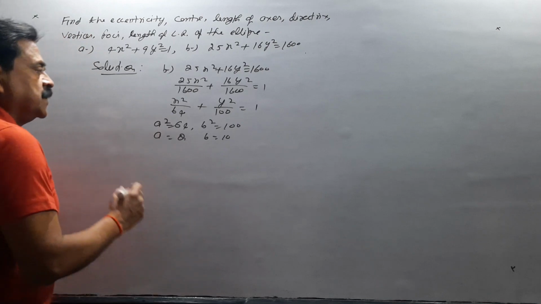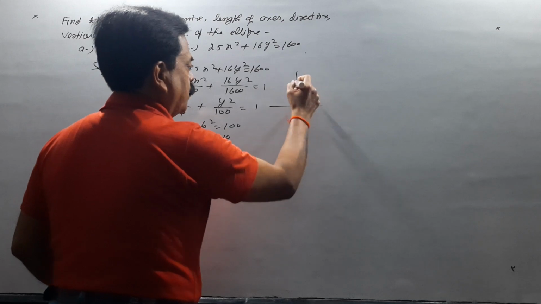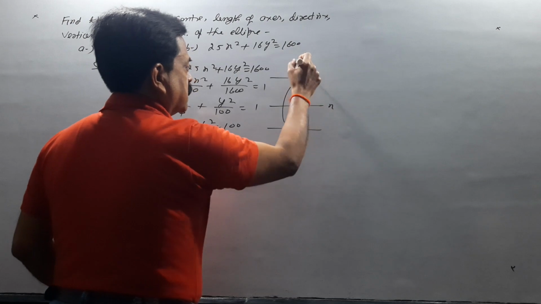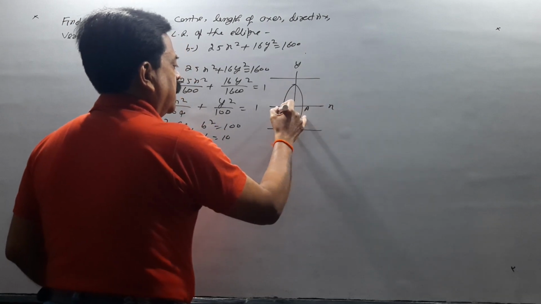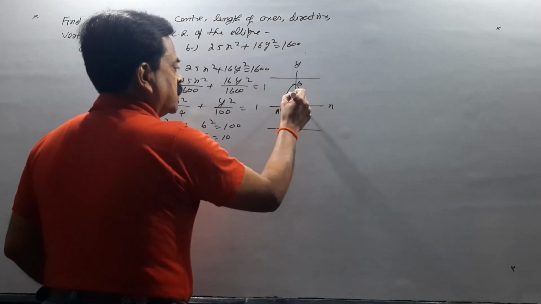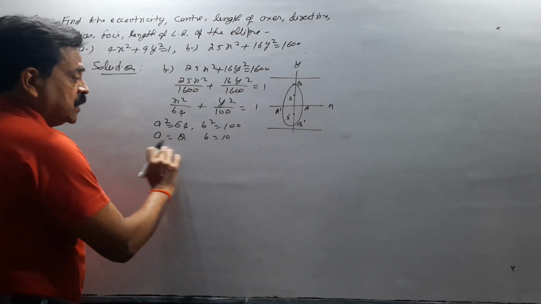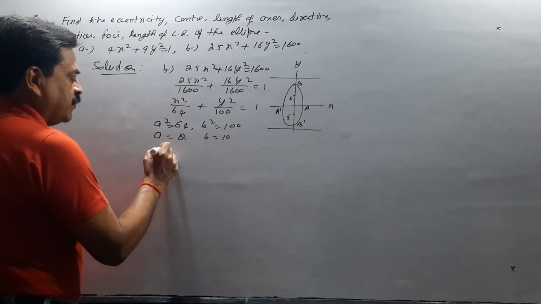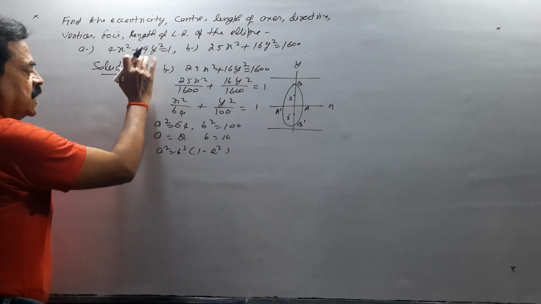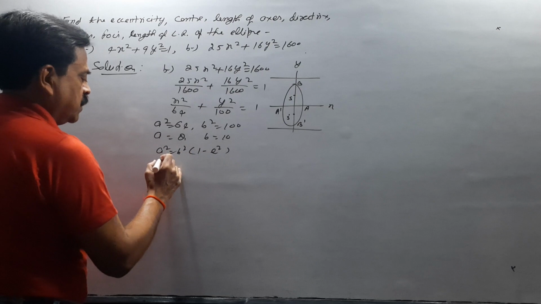Now first find the eccentricity. This ellipse is of this form, in vertical form. Directrices are these, x-axis, y-axis, A, A dash, B and B dash. Foci S and S dash. So in this case, to find the eccentricity, we have the formula a square equals b square into 1 minus e square. In the first case, we used b square equals a square into 1 minus e square, and in this a square equals b square into 1 minus e square.